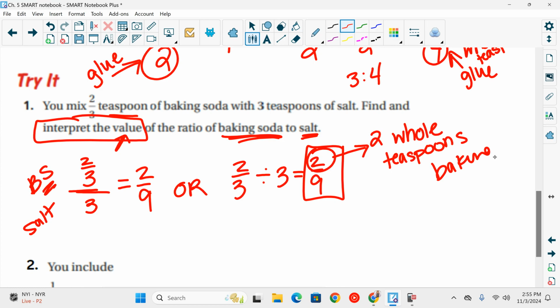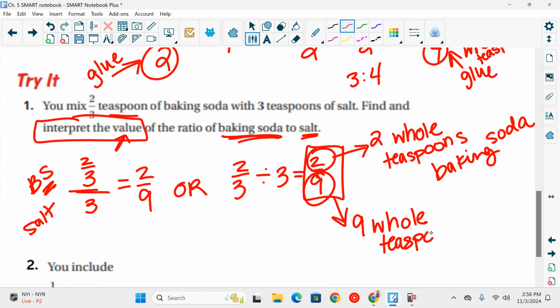So if I am adding 2 whole teaspoons of baking soda, then to keep the recipe the same, to make sure that it turns out like it's supposed to, like my biscuits, if I'm going to put 2 whole teaspoons of baking soda, then I have to put 9 whole teaspoons of salt. That's what the value means. Is that what you and your partner talked about? Hopefully so. All right, good deal.